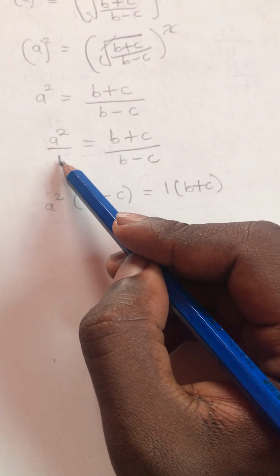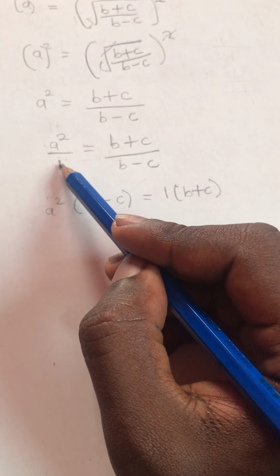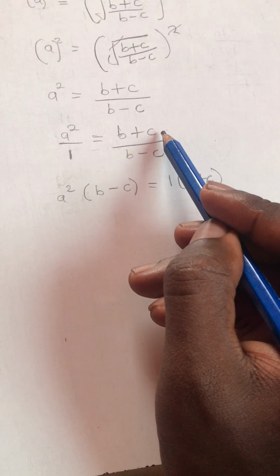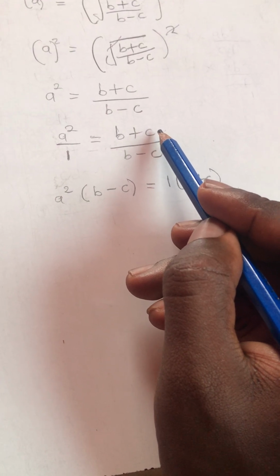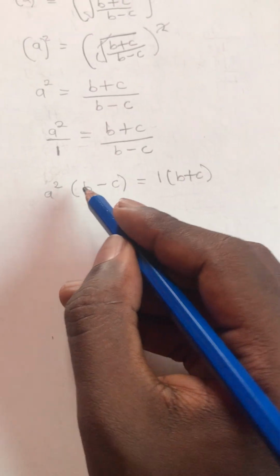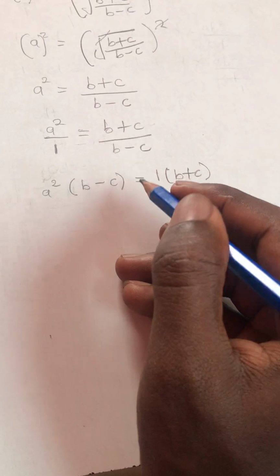In similar vein, the denominator on the left hand side of the equation would multiply the numerator on the right hand side of the equation, which is b plus c. That's how come we have a squared multiplying b minus c equals 1 multiplying b plus c.